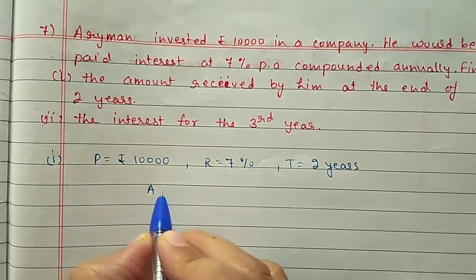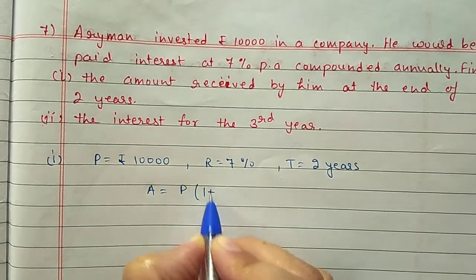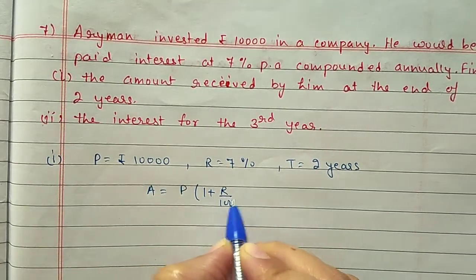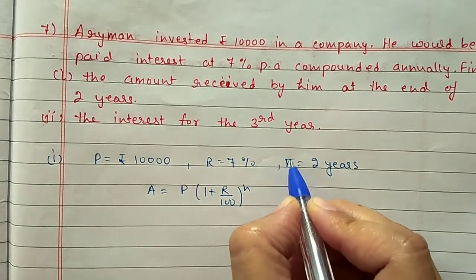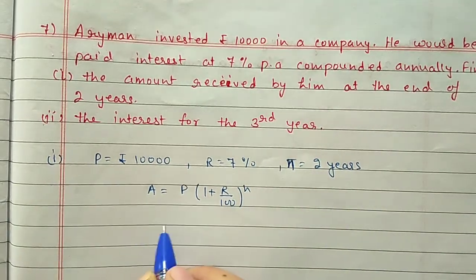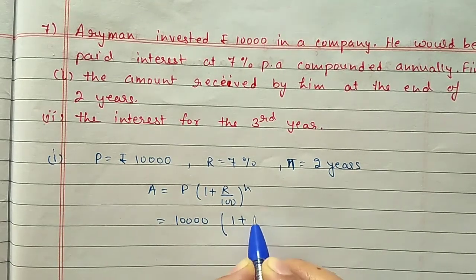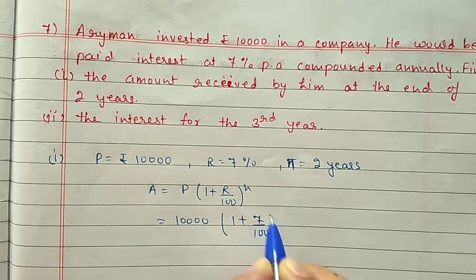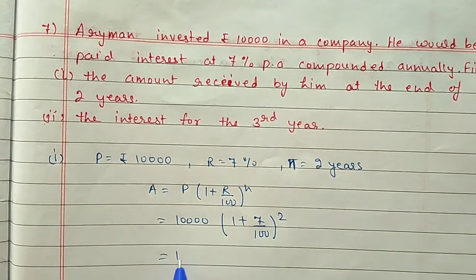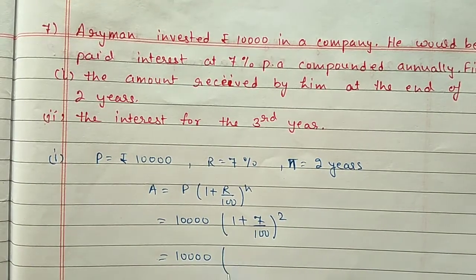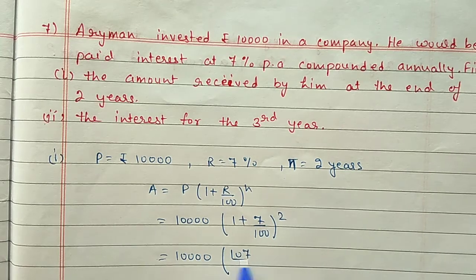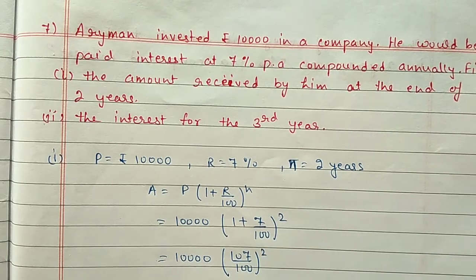So amount is equal to P (1 plus R by 100) to the power n. This we can write as n. So substitute values: 10,000 into (1 plus 7 by 100) to the power 2, which we can write, after taking LCM, as (107 by 100) to the power 2.